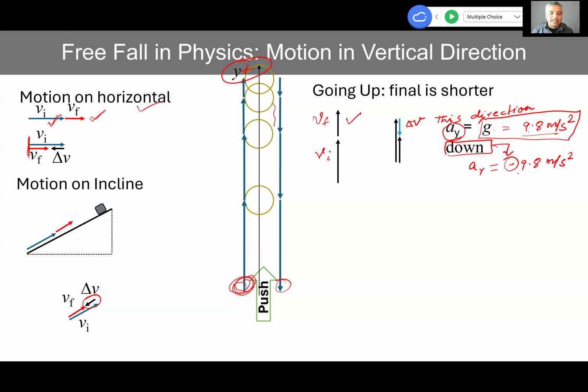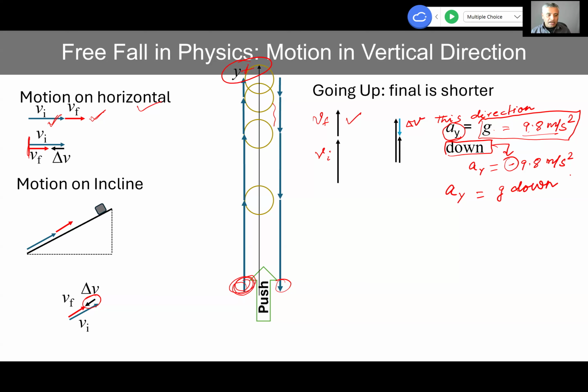And how do we denote acceleration? Not by g. We denote acceleration by a. If it is in the vertical direction, we write a_y. So that's the notation for acceleration in the vertical direction. And for a freely falling object, the value of that acceleration is g, and the direction is down. So that's how you want to remember.